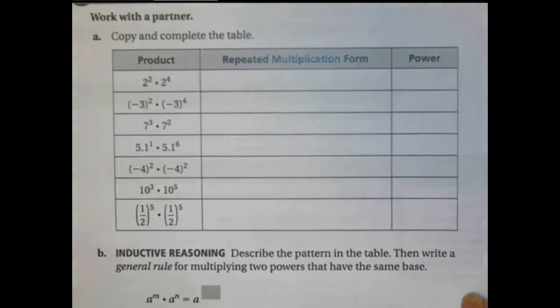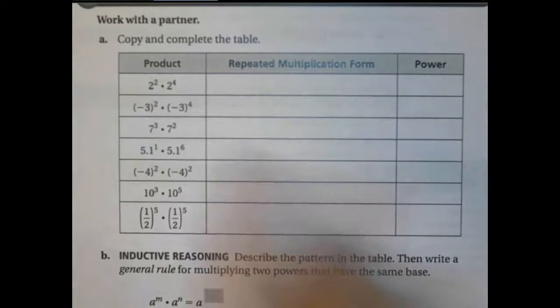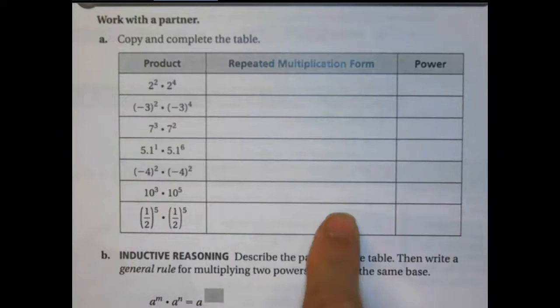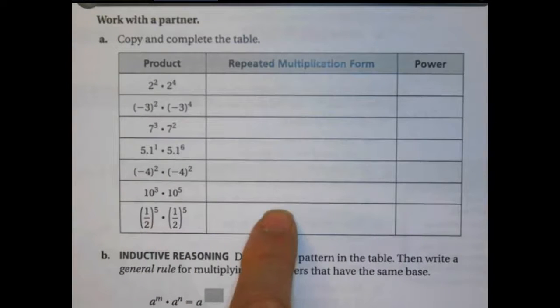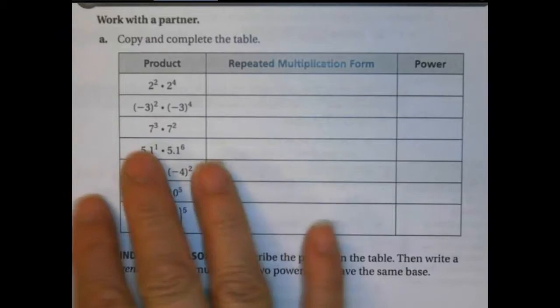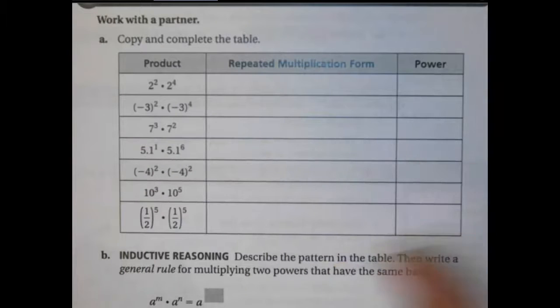So now we're going to go ahead and copy this table. You just list these. You don't have to do the table completely, but I'm going to show you how to use repeated multiplication form and power form to evaluate these numbers.